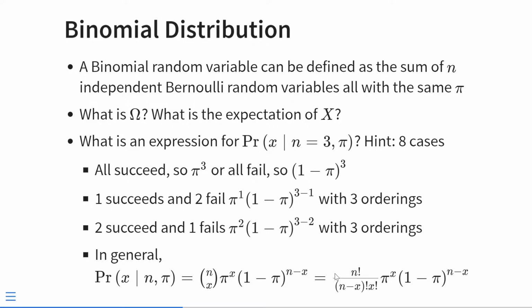So anyway, this is the definition of the choose function. And this has the effect of adding up all the ways, with the different orderings, where you could have x successes and exactly n minus x failures in Bernoullis.